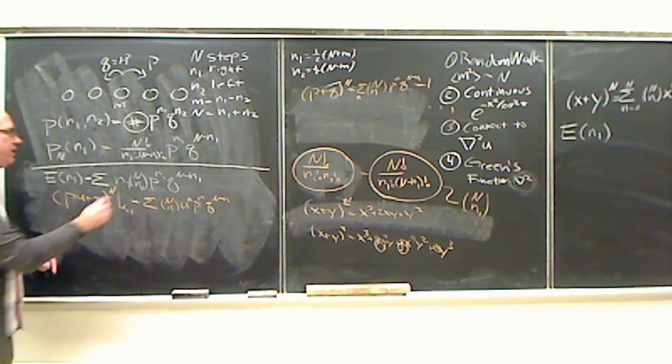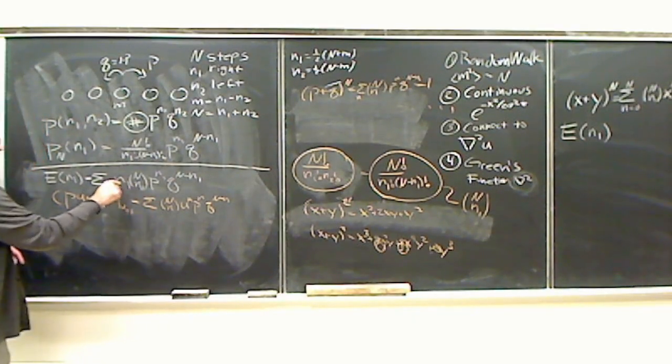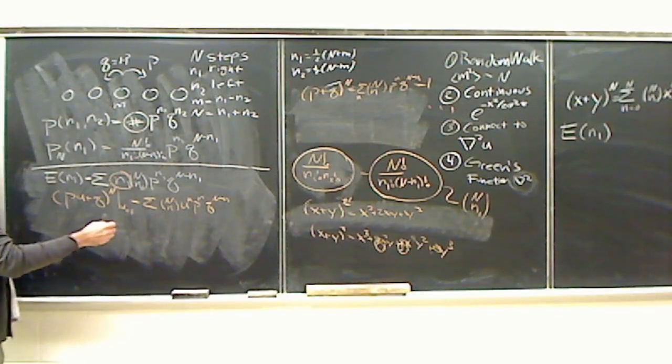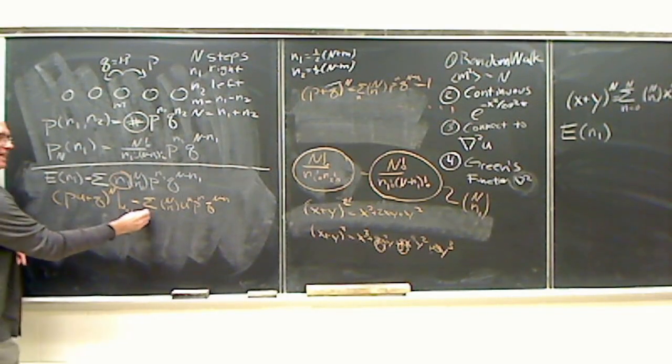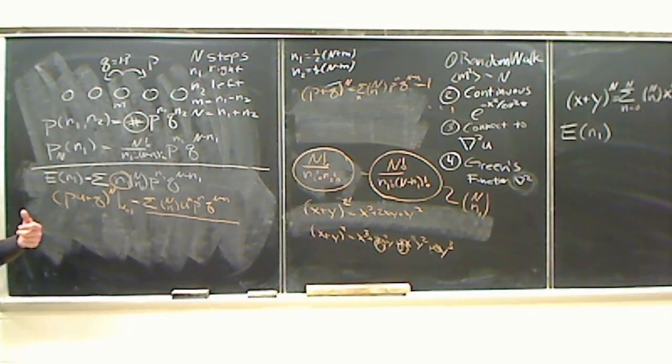But what I'm looking for is n. So what I want to find is this n here. So if I take a derivative of this thing with respect to u, which is 1, I can do that because it's a stupid thing to be doing, it pulls down an n.